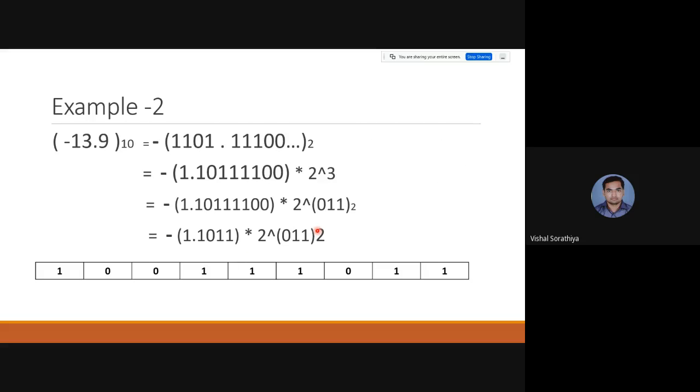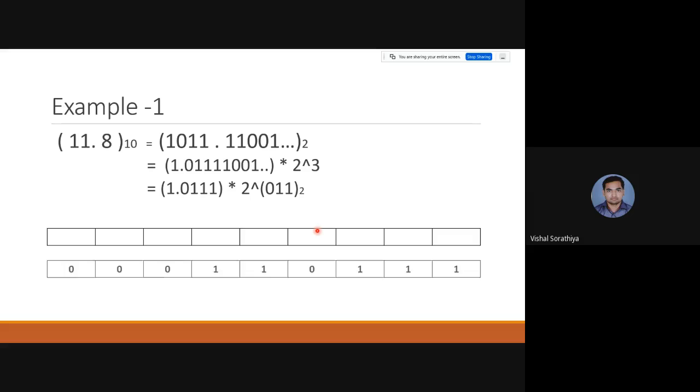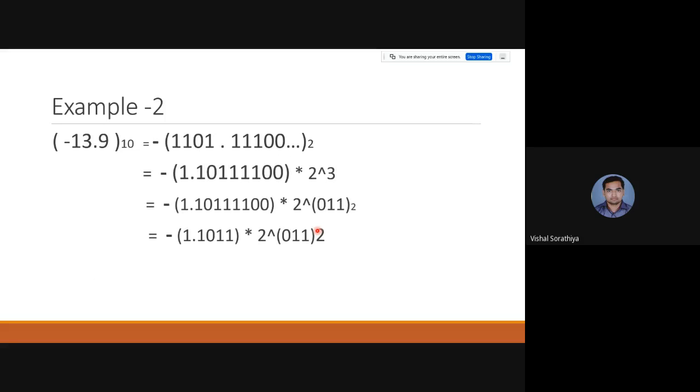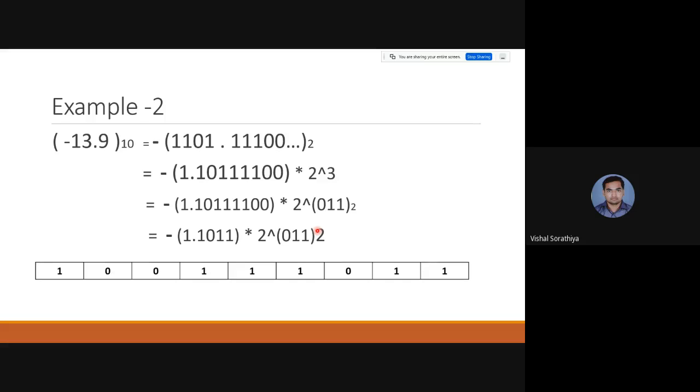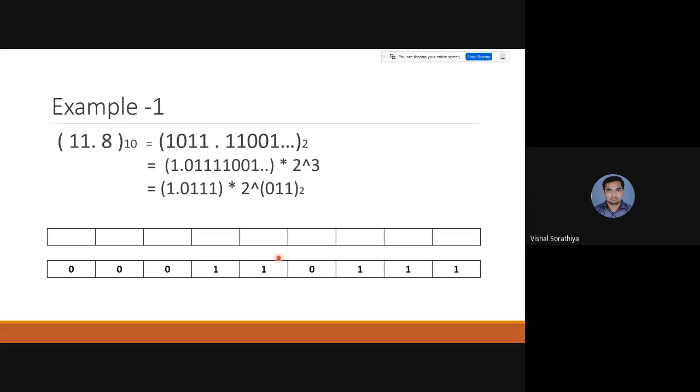There are some mistakes that I have made in writing those numbers, so I will come back to example 1 and 2. Don't worry about that. Let me just correct this one, it's 2 raised to power 0, 1, 1, and how they have represented it with this, the wrong one, 0, 1, 0, 0, 1, 1. That interpretation is going to be something different, but don't worry about that. We'll come back to this particular example 1 and example 2.